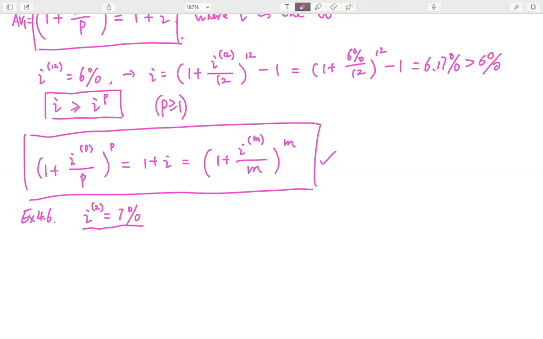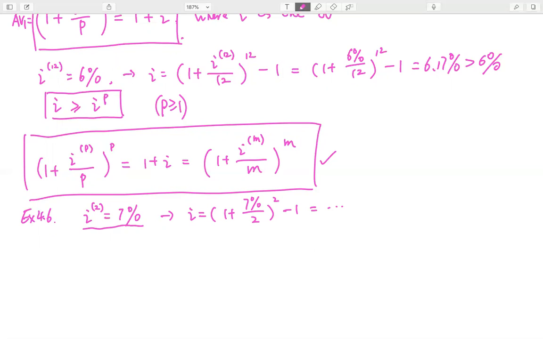Calculate the annual effective interest rate. First of all, you want to calculate I, right? I would be 1 plus 7% divided by 2, to the second, minus 1. You get the result, I leave that to you. It will be something bigger than 7.